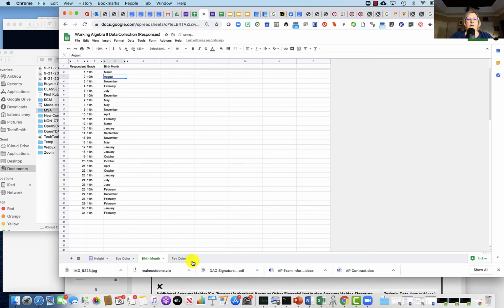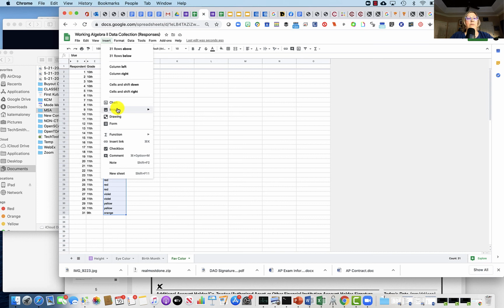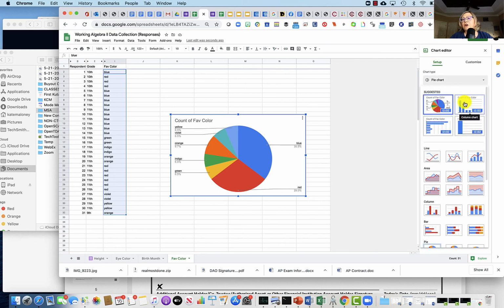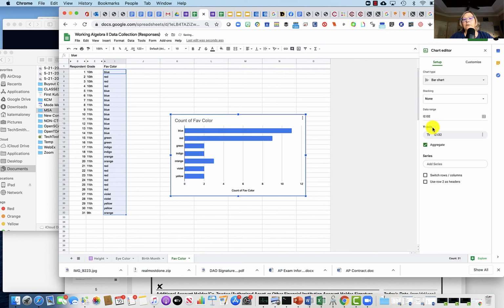And then this is favorite color. So let's see what chart we get for favorite color. And so this gave us a pie chart. Its other suggested charts are the count. Maybe count that direction's kind of easy. Blue and red were by far the favorite colors. Nothing had only one, but several of them had just 2 votes.